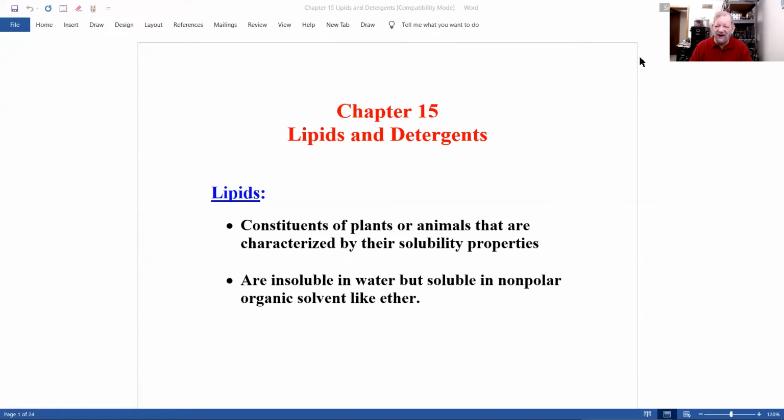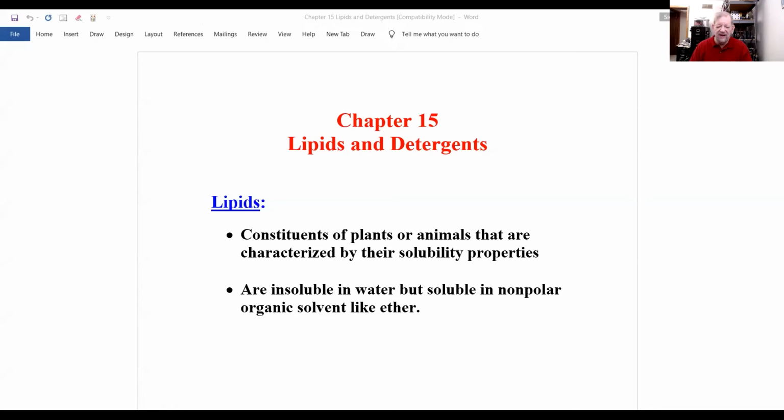And this new chapter is lipids and detergents. Now, I should warn you, in this chapter I'll teach you how you get your hands clean with soap. I'll also talk about some important things like how we make different chemicals that are used for your personal care products and shampoos and conditioners and other things.